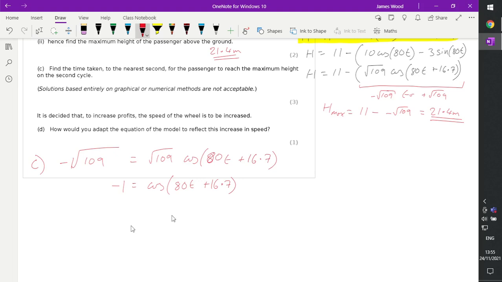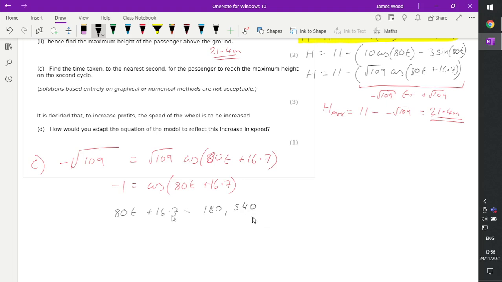Now, to actually go through and solve that, let's just find out what this bit here is. So 80t plus 16.7 is going to be inverse cos of minus 1. Just do this in degrees. So solutions, we could have 180, or we could have 540, and so on.